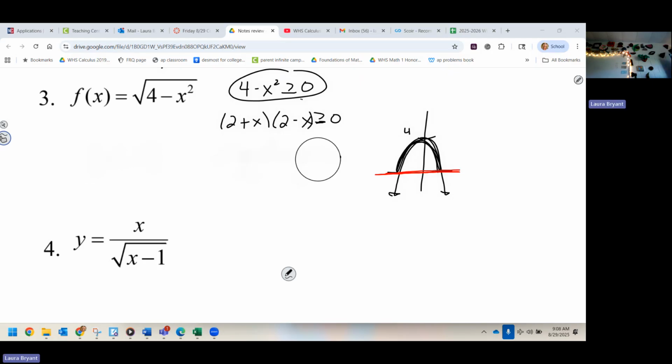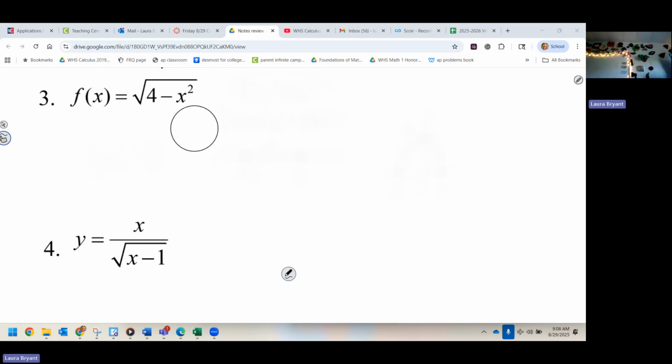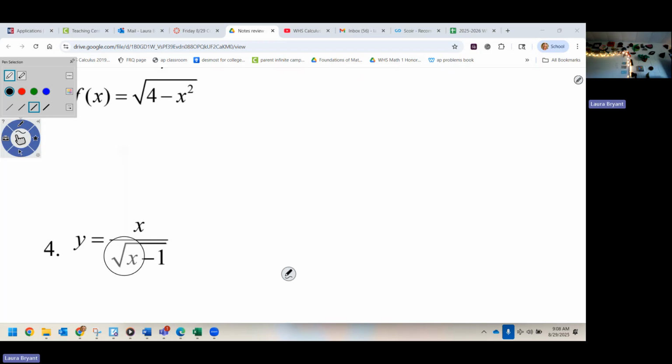Okay, the last one of your domain and range is both a fraction and a square root combined. Remember I said we've got to look for fractions, square roots, or logarithms. Question, sorry. We always use the equal to sign for these? Yes, absolutely. Actually, I'm going to go back up and show you.